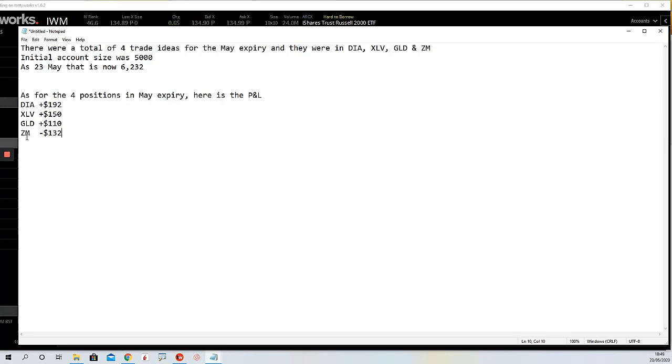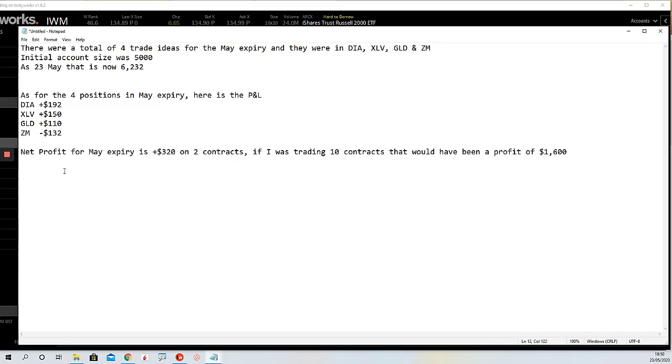And in ZM, I made a loss of $132. That works out a net profit for the May expiry of $322 on 2 contract position size. And if I was trading 10 contracts, that would have been a profit of $1,600.